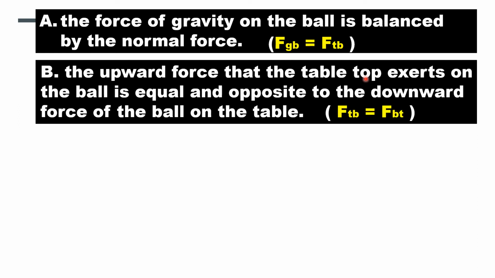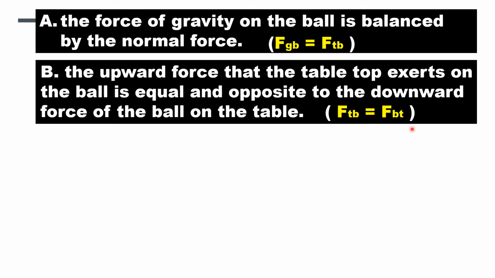The two forces are labeled FTB and FBT. Notice that the subscript of the first force, FTB, is just the reverse of the subscript of the other force, FBT. So what does this remind you? These two forces are in fact action-reaction.